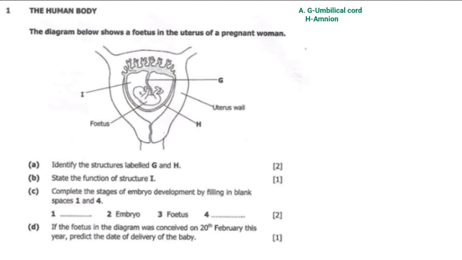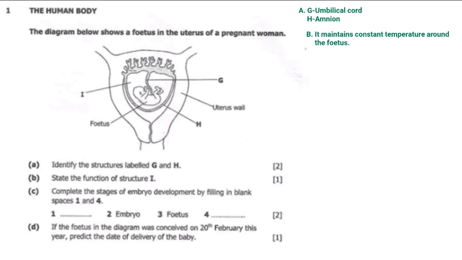So the first function of the liquid in that area is it maintains constant temperature around the fetus. Now you should know that when the child is in the mother's womb, the main source of heat is the mother. The mother generates the heat that the child uses. So when the heat is coming from the mother, for the child to have a constant temperature, it should pass through the amniotic fluid to reach the child.